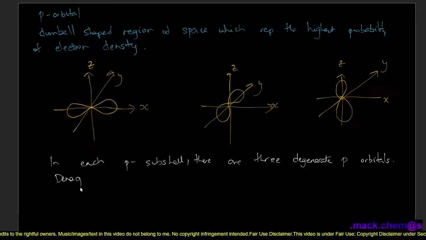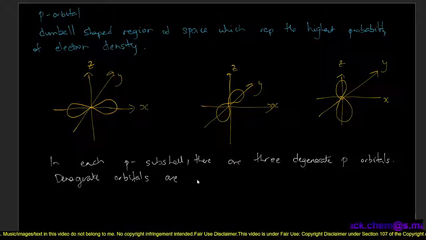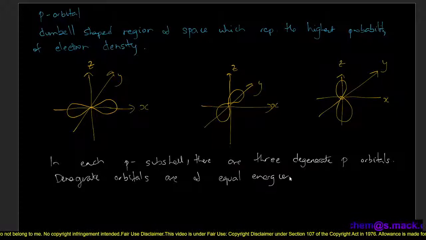Right, so we say that degenerate orbitals are of equal energies. So we have 3 degenerate p orbitals in a p subshell.